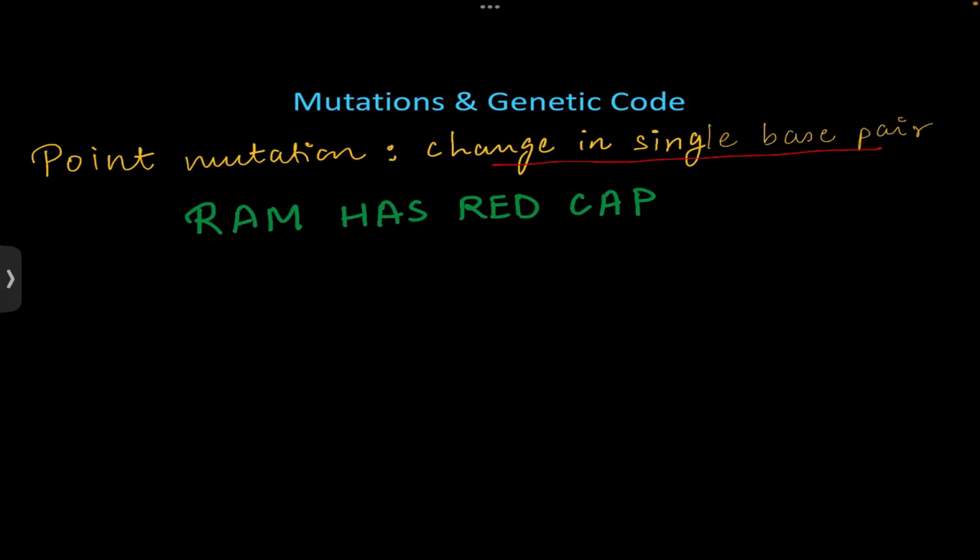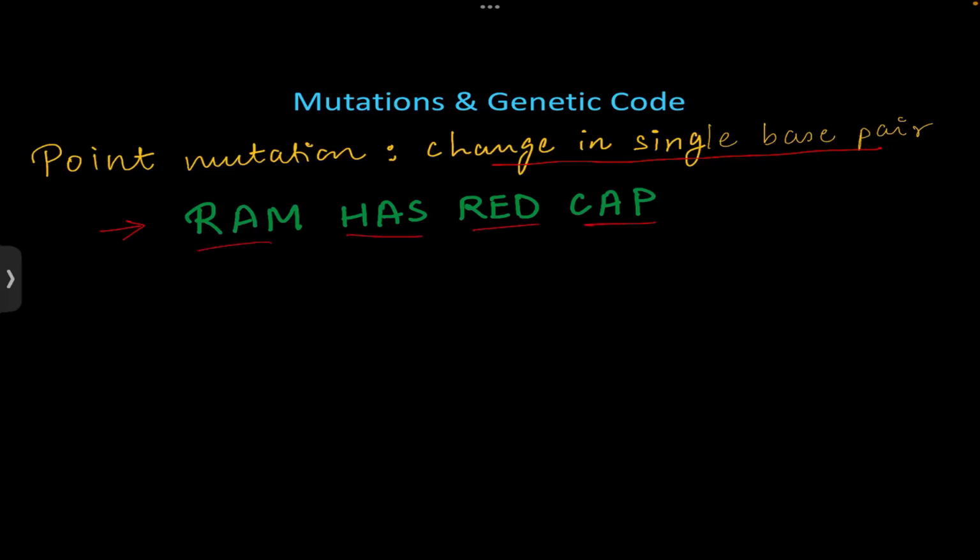Keeping that definition in mind, we can apply it and see how one particular change in a base can change the meaning of the entire sequence. So suppose this is a statement, and it represents a DNA sequence. Instead of writing this in the form of AUGC or ATGC, it is written as "Ram has red cap".